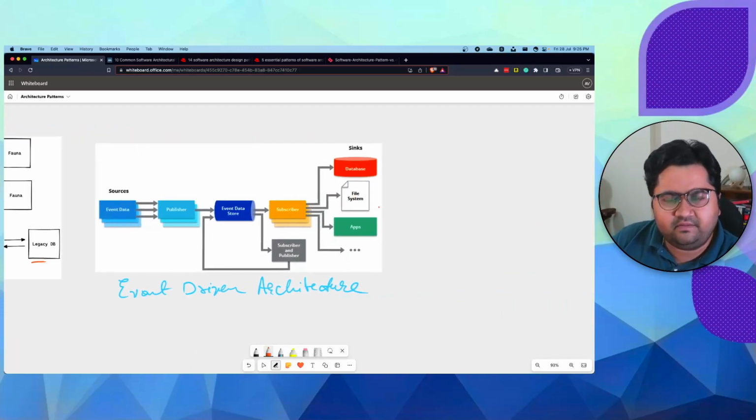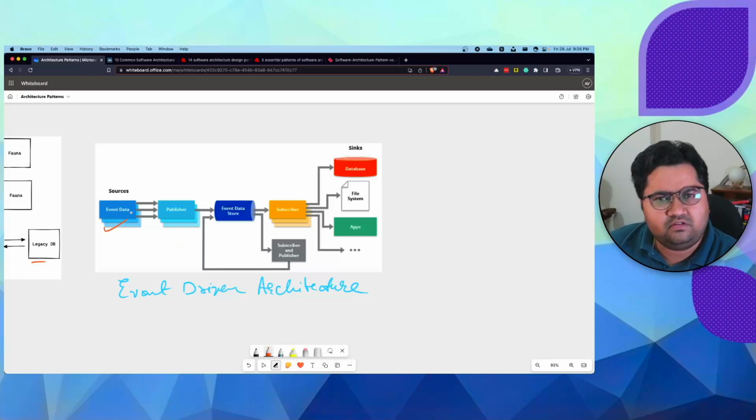Then there's event-driven. There are sources which generate data. Then there are publishers, something like Q or Kafka, which is very popular. Then the data is stored into an event data store. Sometimes Kafka also provides a degree of storage for a certain number of days. If you want persistence, you can have an event data store.